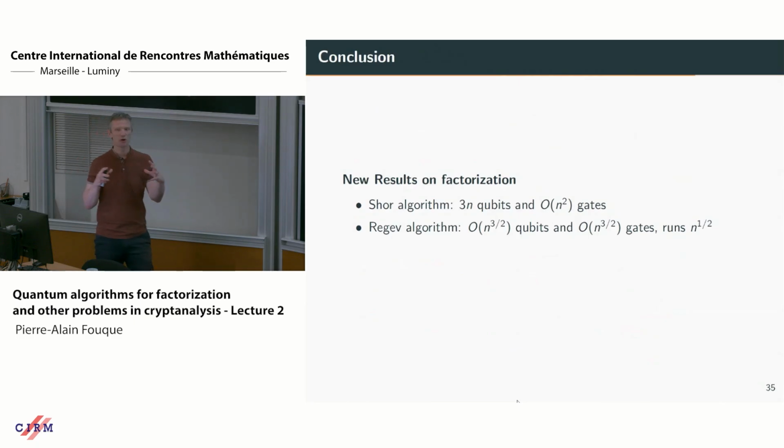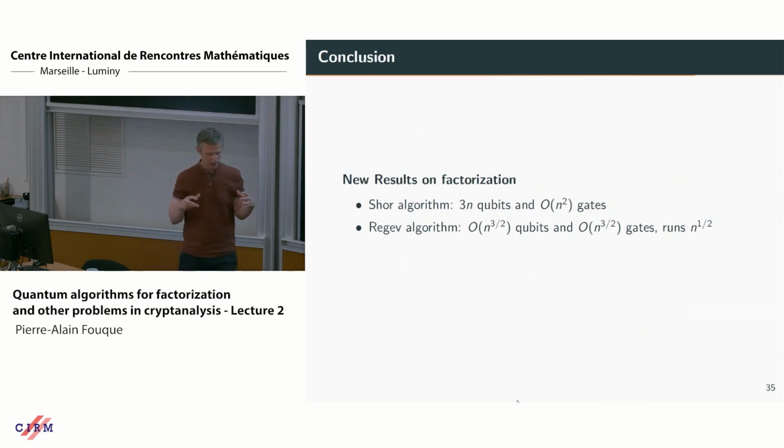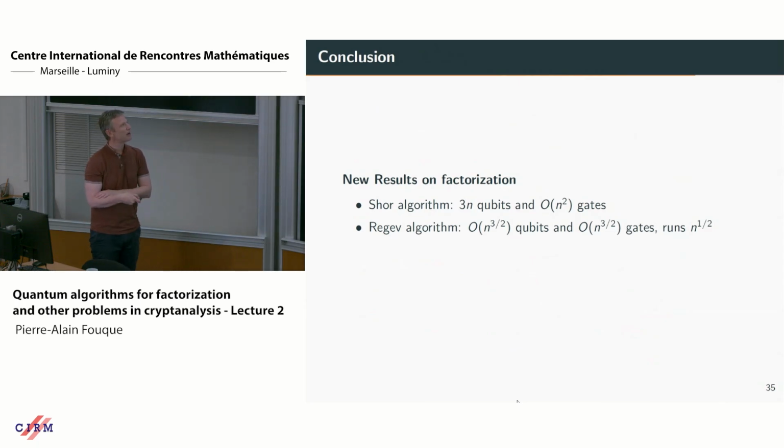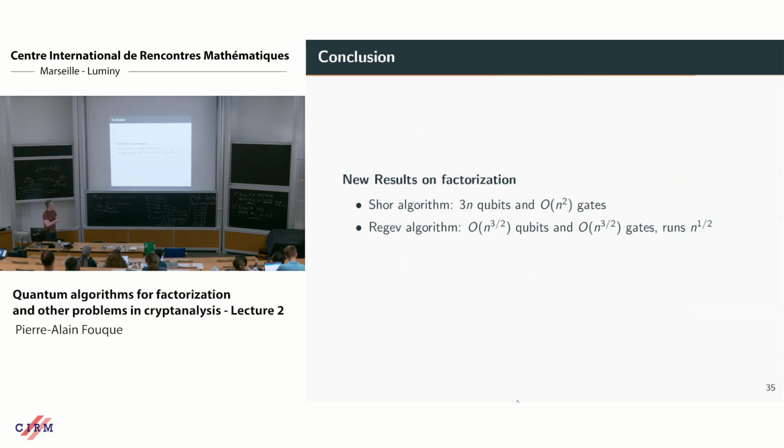Since the circuit is smaller, you think that it may be easier to run, because even if you have some error sometimes, the error will not impact the output so much if the circuit is smaller. This is what he is hoping. He needs to run the algorithm many times, and at first, for each of these square root of n runs, you need no error. This is a very strong assumption, but it can be removed.